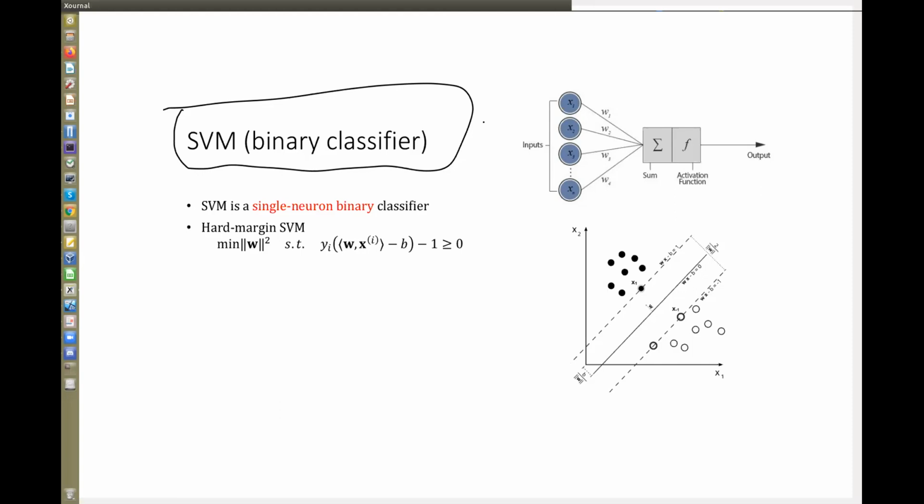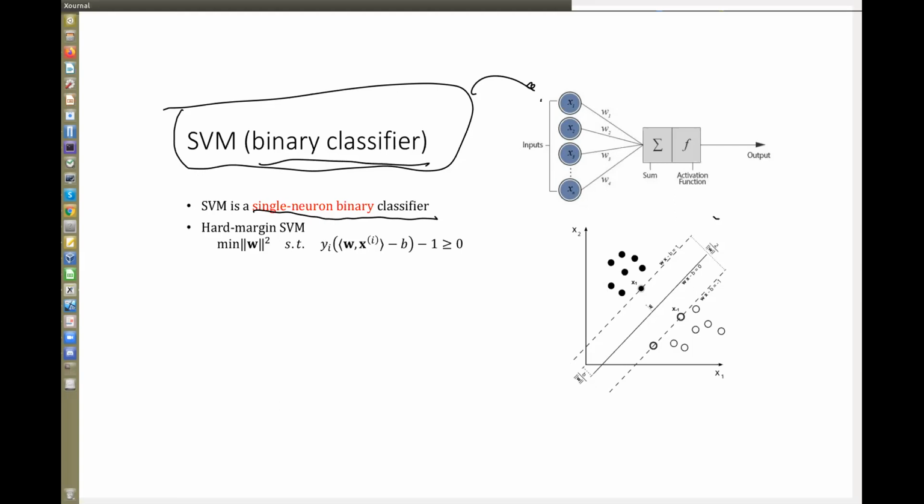Of course, it's not competitive when compared with deep learning models. But it's fair for me to talk about it because you can really imagine SVM is nothing but a single neuron model. That is what the classic SVM model is: just doing binary classification with a single neuron.